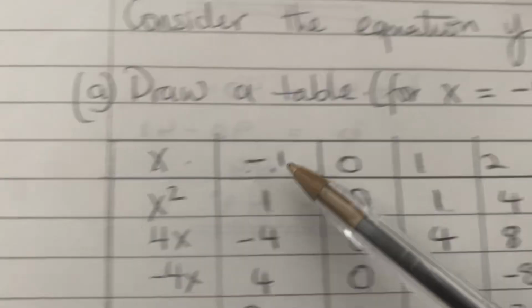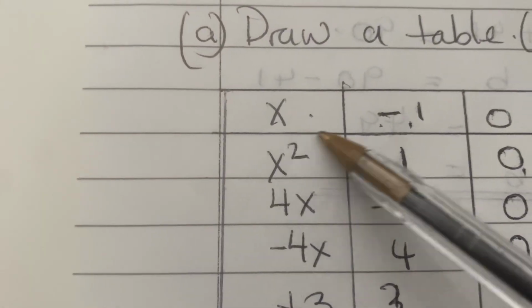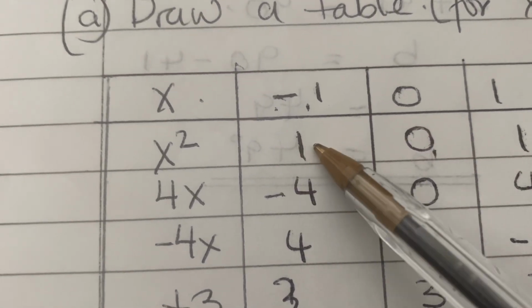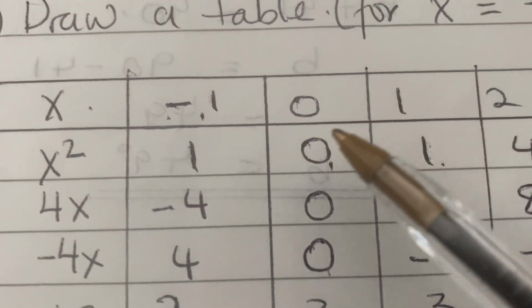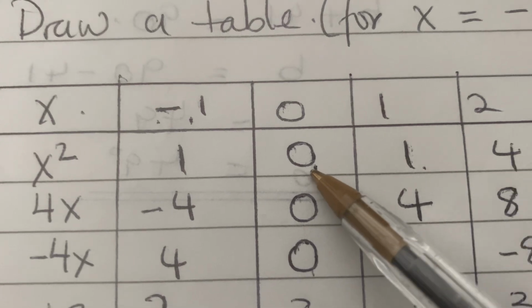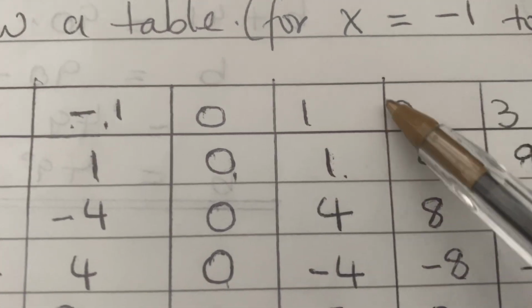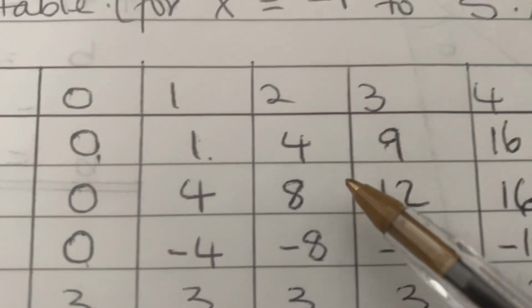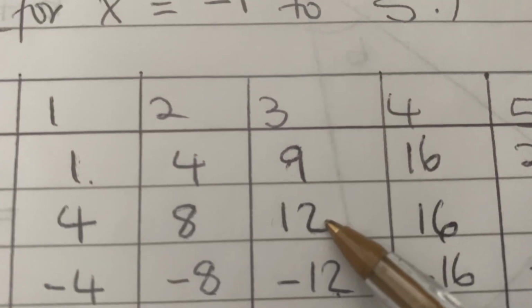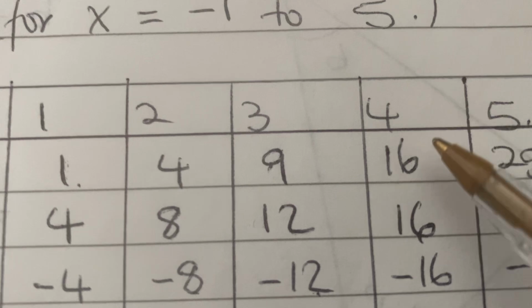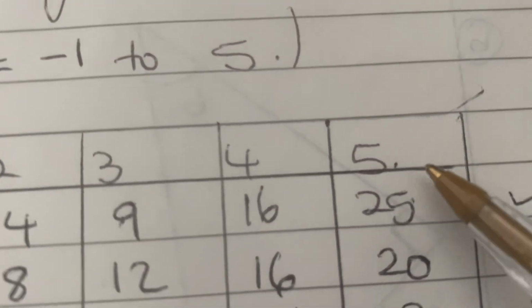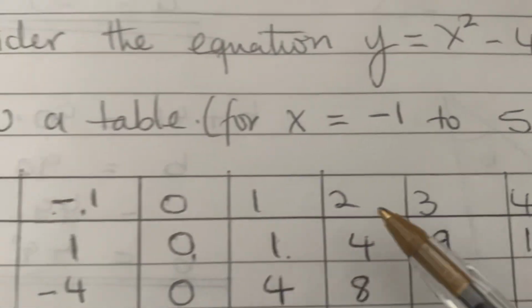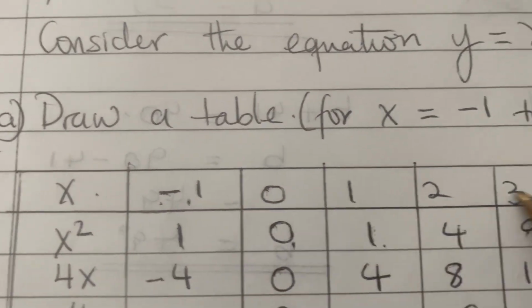So if x is minus 1, x squared will be 1. For 0, it will be 0. For 1, it will be 1. For 2, it will be 4. For 3, it will be 9. For 4, it will be 16. For 5, it will be 25.